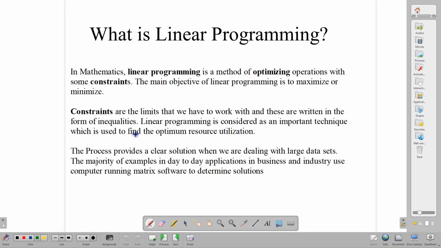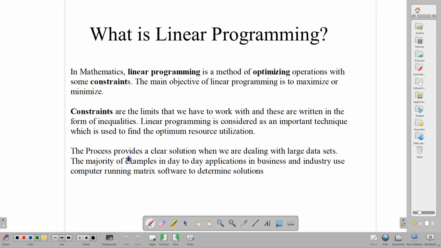Constraints are limits that we have to work with, and these are written in terms of inequalities. And so this lesson is directly tied to inequalities and to drawing linear graphs. Linear programming is considered an important technique which is used to find optimum resource utilization. And so we'll be talking a little bit more about constraints and how to write those constraints.